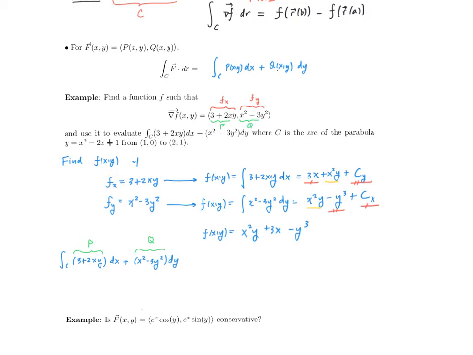From our initial observation above, a line integral of the form P dx plus Q dy can be thought of as a line integral over the vector field determined by P and Q. That is to say, this is the line integral over the vector field given by the gradient of f. Whenever we see a line integral of this form, this is where we can apply the fundamental theorem of line integrals. It's a conservative vector field.